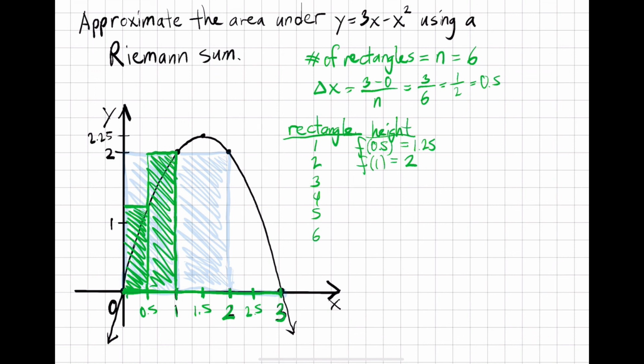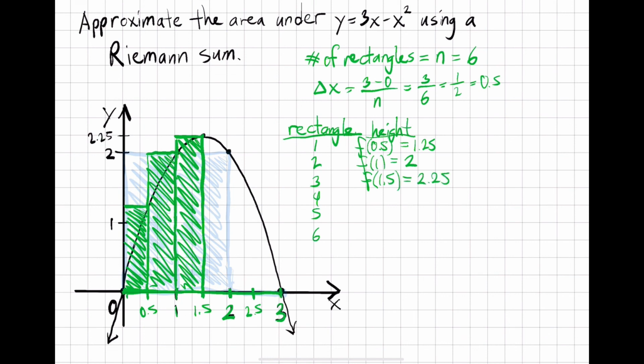For the third rectangle, we're going to use the right-hand side of that interval on the x-axis, which is at 1.5, and we'll again go up until we hit the curve, go over and make our nice rectangle here, and we are going to plug 1.5 into the function, f of 1.5, which gives us 2.25.